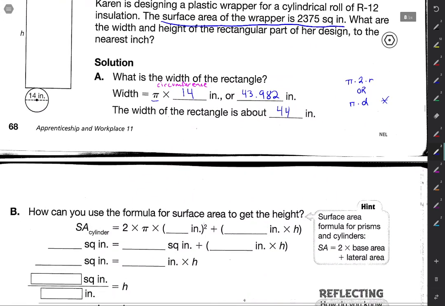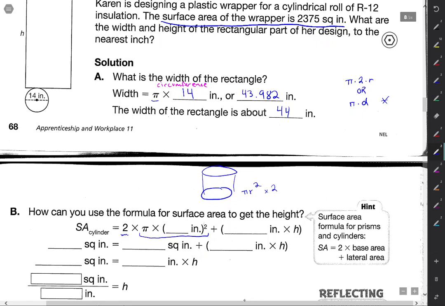We're going to have the area of the base, and the base this time is a circle. So the area of a circle is pi r squared. And we're going to times that by 2 because there's one on the top and one on the bottom of the cylinder. So here is that times by 2, and here is the pi times radius squared part of our equation.